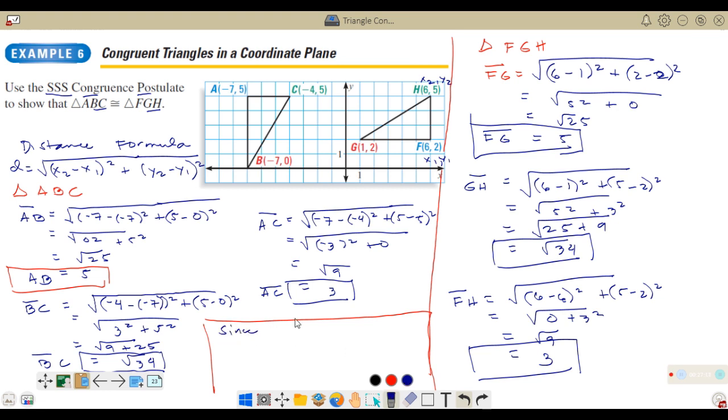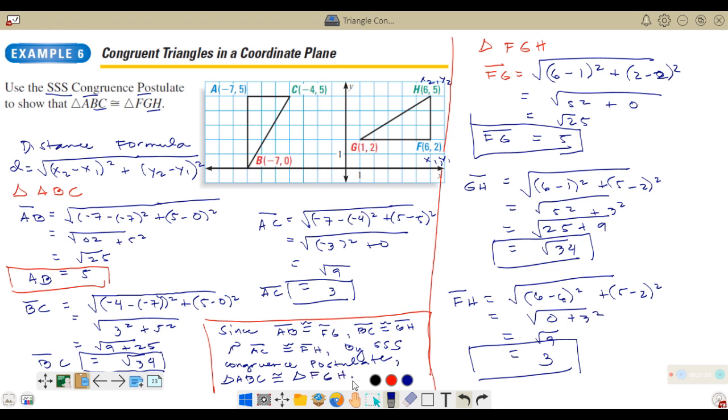So, since, ipaparagraph ko na lang, since AB is congruent to FG, BC is congruent to GH, and AC is congruent to FH by SSS Congruence Postulate, triangle ABC is congruent to triangle FGH.